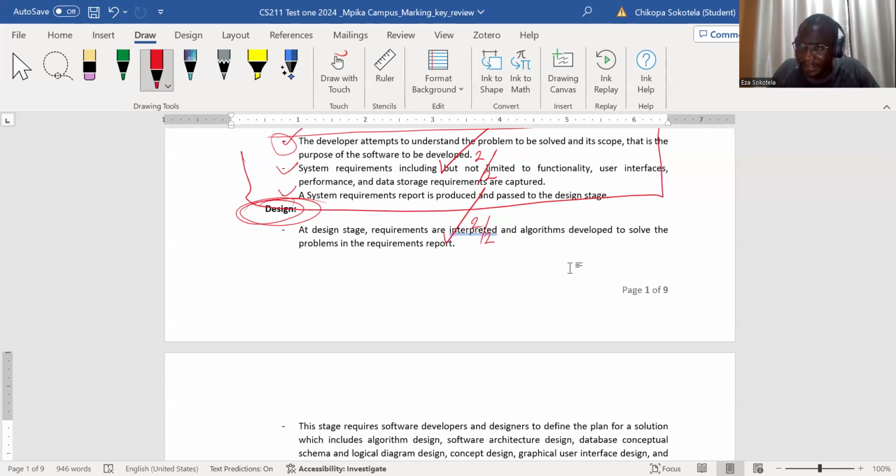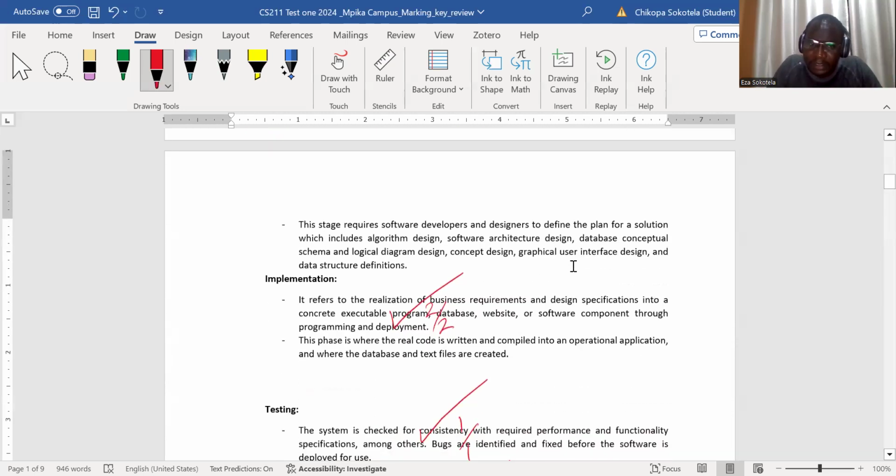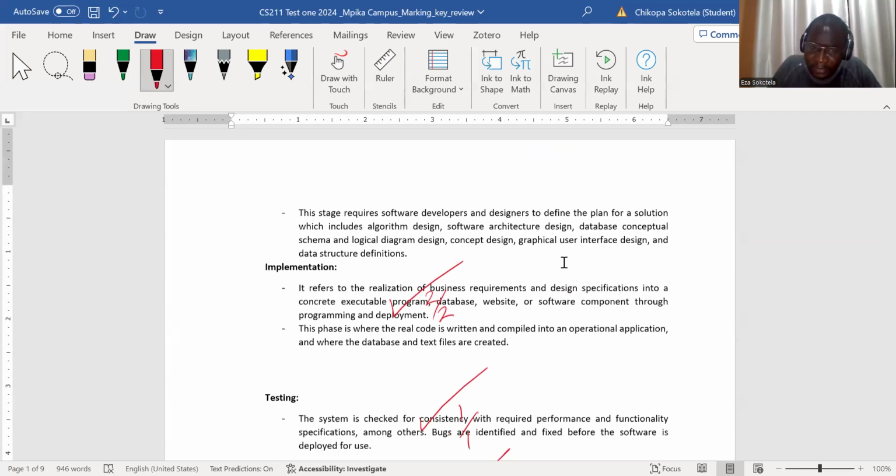Your design is a presentation of instructions that are meant to solve the problem that you identified. Implementation, you are writing executable code in whatever language you have chosen, and so on.